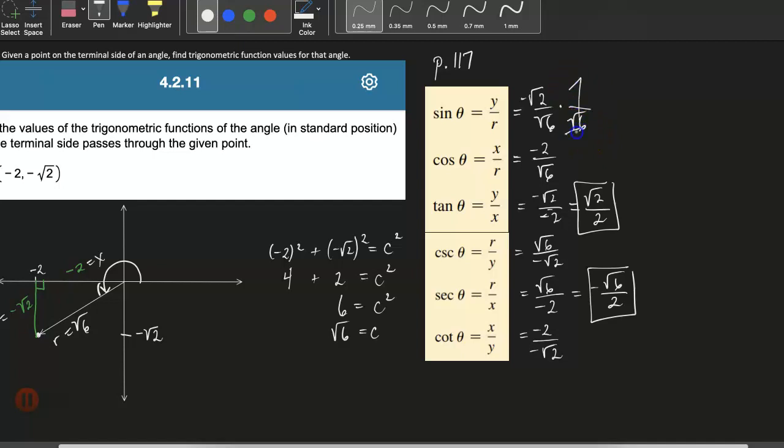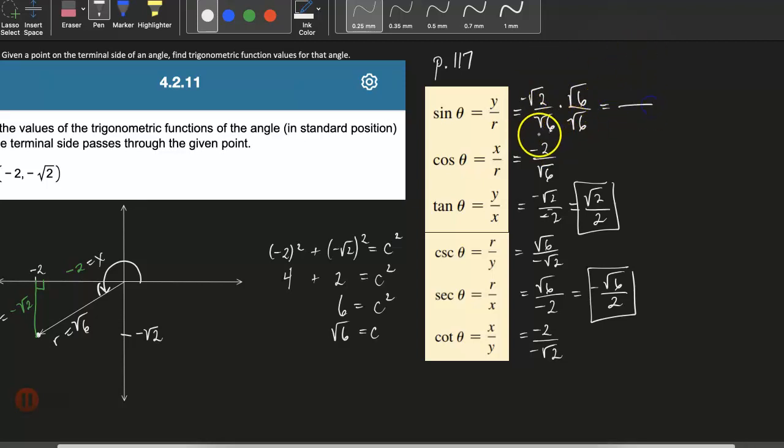But because this entire fraction needs to be 1, I need to write square root of 6 in the numerator. Because square root of 6 divided by square root of 6 is 1, essentially I'm multiplying by 1, thus not changing the original value here for sine of theta. I'm just rewriting it in another form.